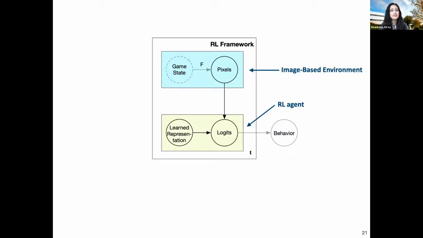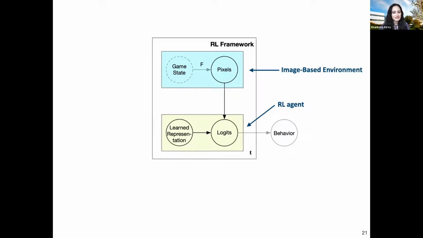So game state could be, for instance, a JSON. Whoever designed this game, it could be just a JSON, which links, okay, how many bricks exist at this point, what's the agent's location, what's the ball's location, things like that. But when you convert it into a pixel representation, we only see an image. Then in the yellow plate, we have the RL agent.